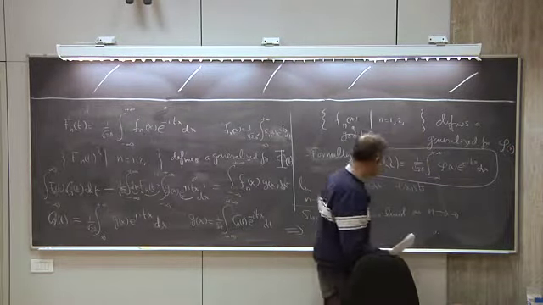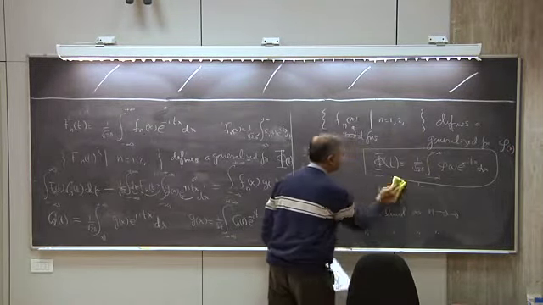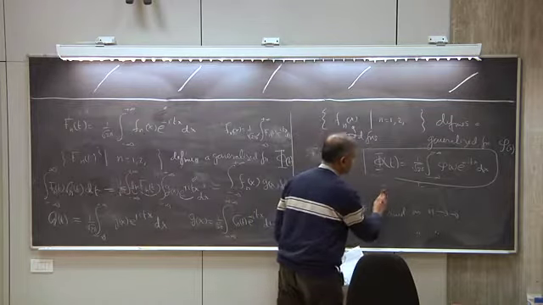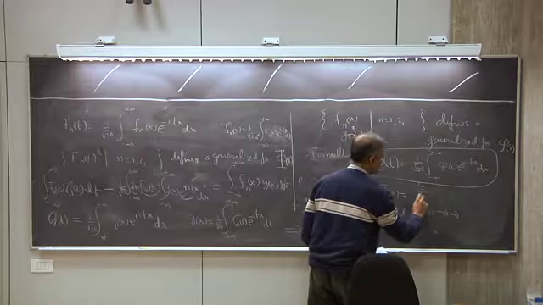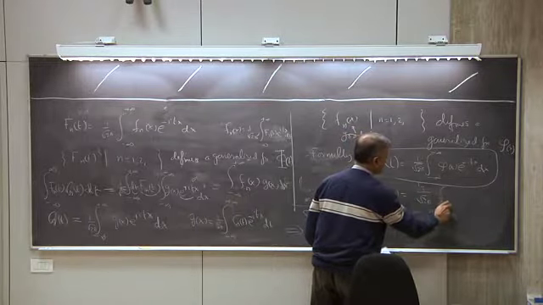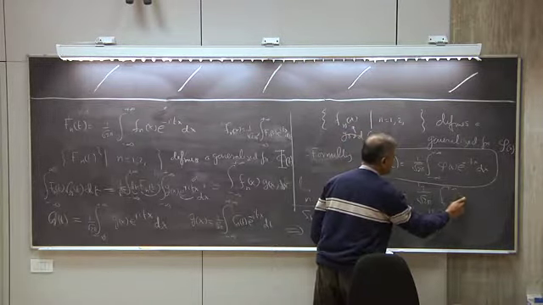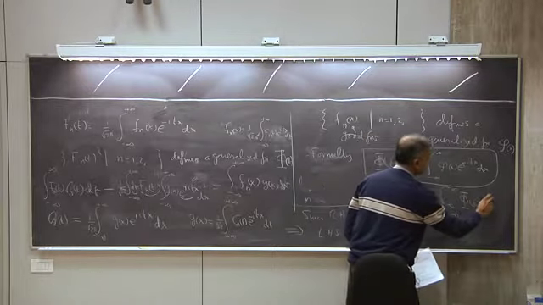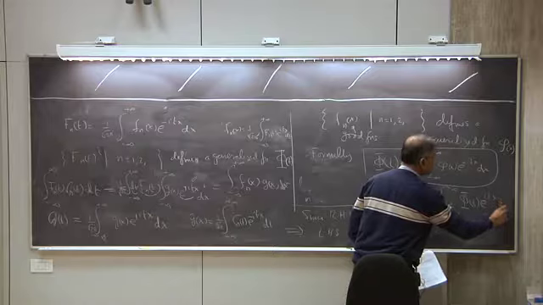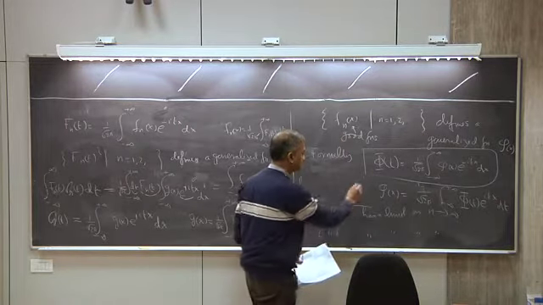So this means that not only is this true, but even the inverse transform gives you back the original generalized function: phi(x) equals the integral of capital phi(t) e^(itx) dt. Okay, this is also true.